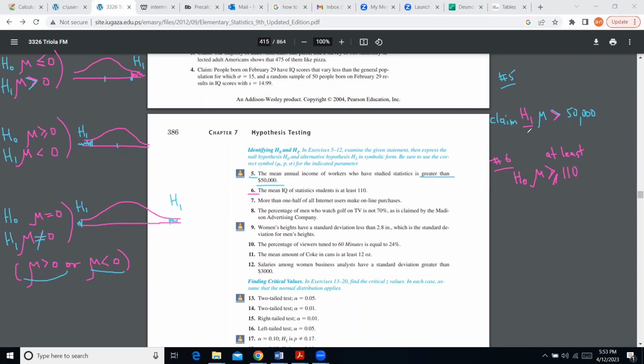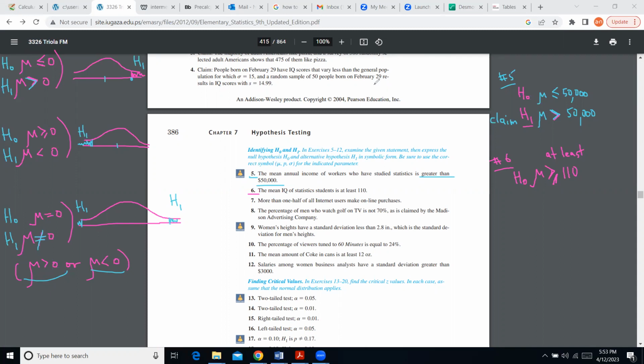Here's H1, here's H0. What does this really mean? Well, there is always the opposite to H1, which is H0, and always the opposite to H0, which is H1. And if you take the opposite of greater, it's going to be less than or equal to, because remember, H0 always has the equal sign in it.